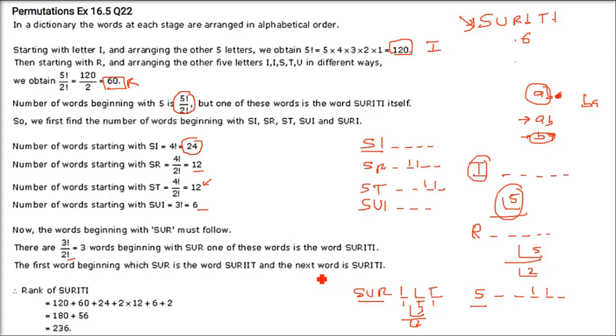So there are 2, the rank will increase by 2, so it will be 2 formations more. Now you add everything, 120, then 60, then 24, 12 2 times, then you add this 6, then you add this last 2, you get 236.